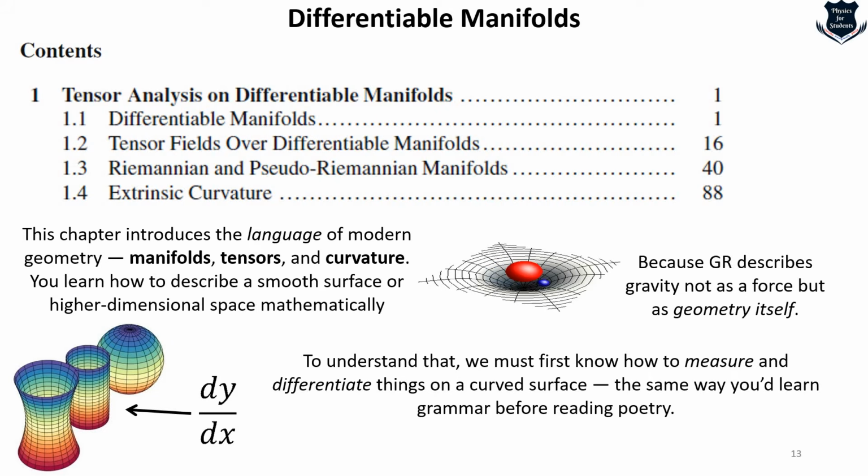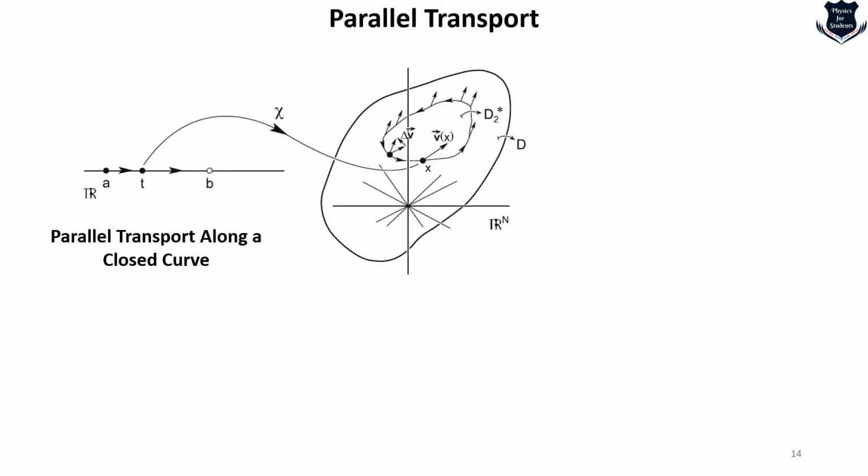Now, apart from these 86 pages which I have gone through in the first part on differentiable manifolds, one thing came very striking, very important and very lucidly explained, and that is the concept of parallel transport. If you look closely at this figure, it shows a vector v moving around a closed path on a curved surface, which is called a manifold.